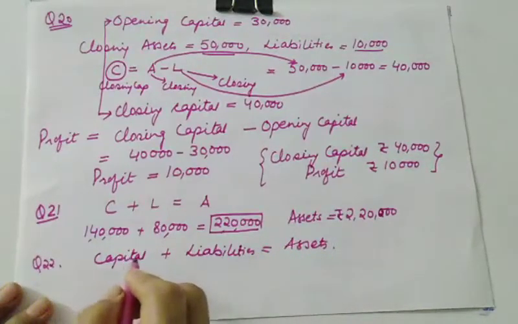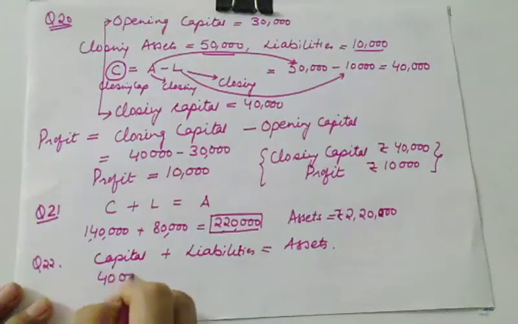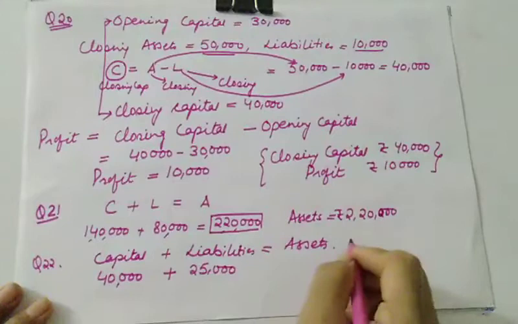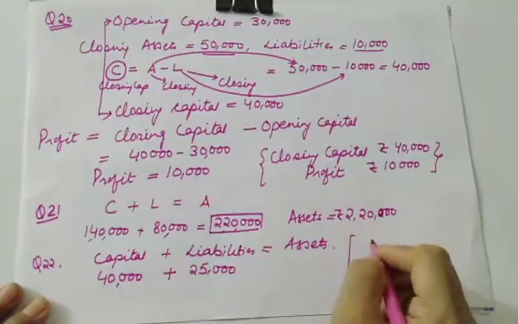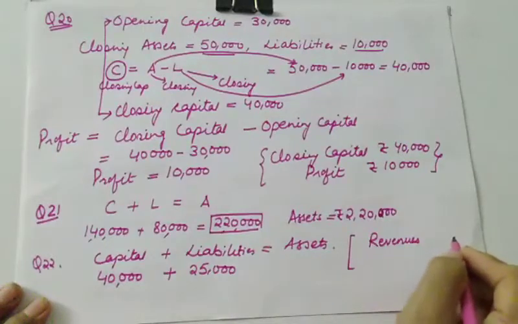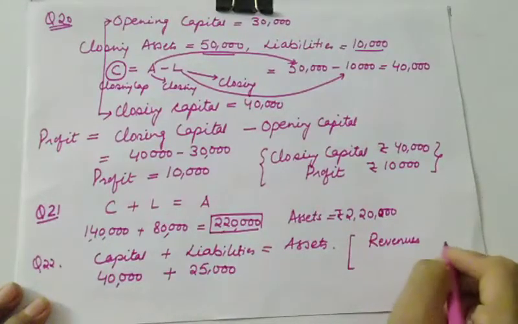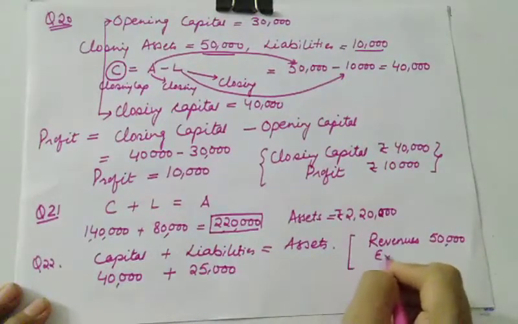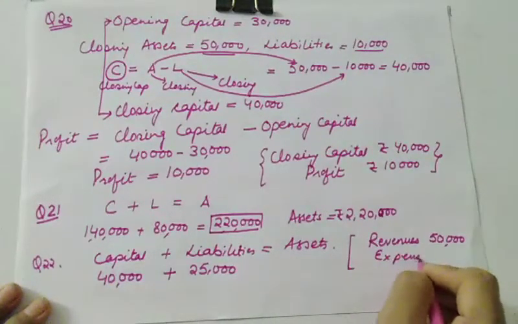So here capital is 40,000 and liabilities which are given to us are 25,000. And one more detail is given to us, revenues. Revenues are given to us as 50,000 and expenses are 40,000.